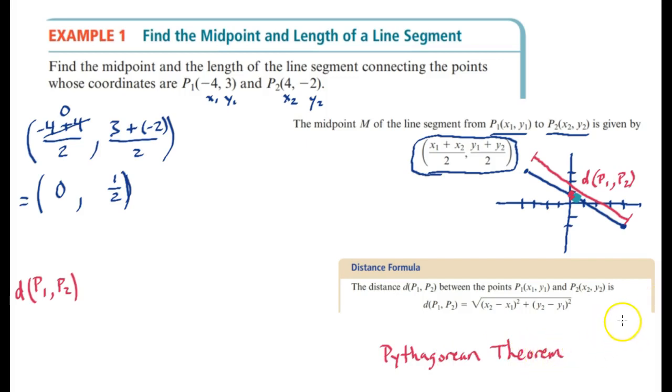The Pythagorean theorem has to do with the right triangle, and we have a, b, and c, and we can derive the following formula: a squared plus b squared equals c squared. Realize we have something squared here plus something squared here, and we've taken the square root. So if you were to square both sides right here, you would end up with this formula in general.